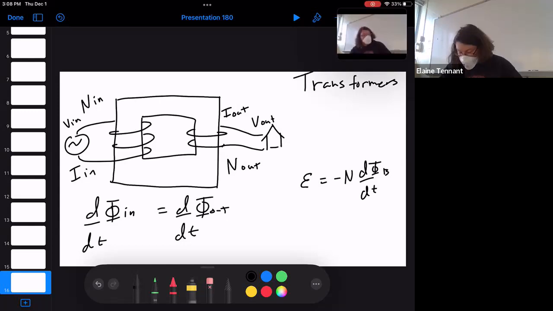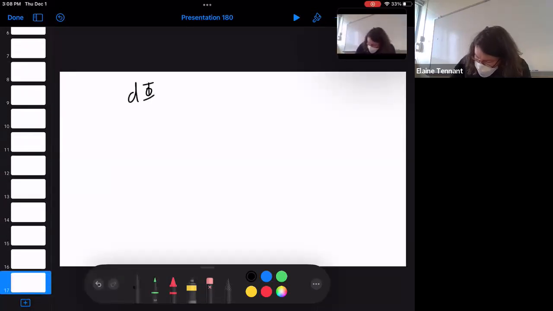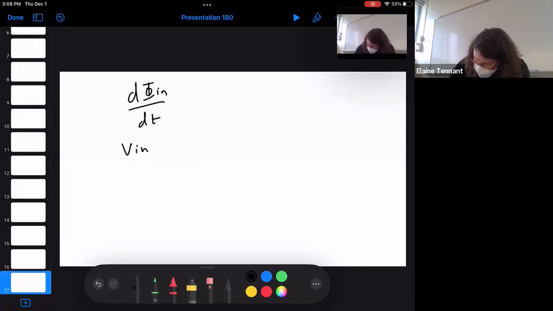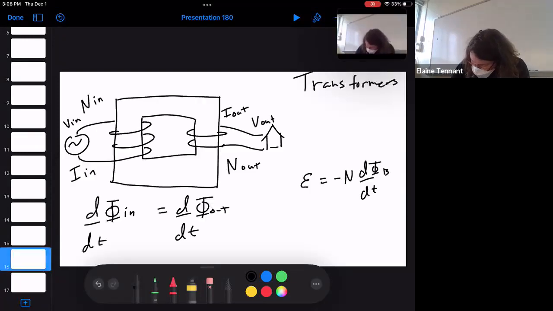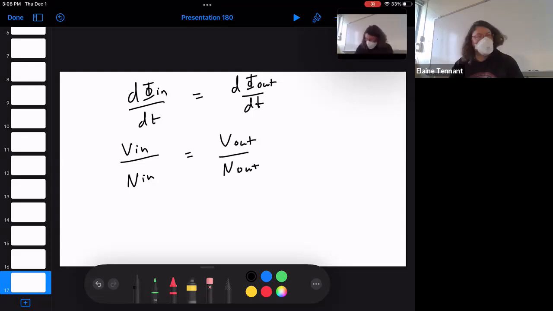Sound okay? Okay, so on the inside, d flux in dt is going to be the voltage in divided by the number of coils in. On the out side, you have the voltage out over the number of coils out.